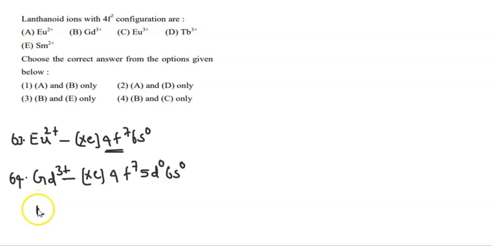If you write the electronic configuration of europium 3+, it will be 1 electron less from 4f7. Then it has the configuration xenon 4f6. It is not having 4f7 configuration.